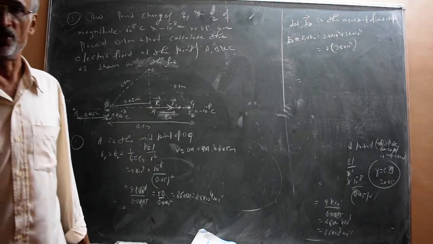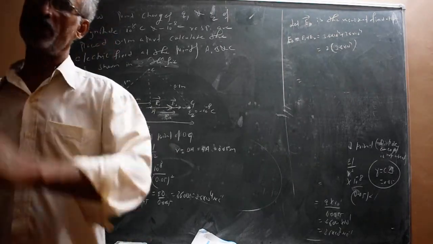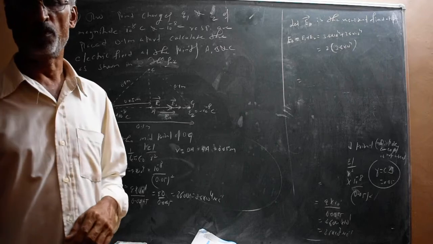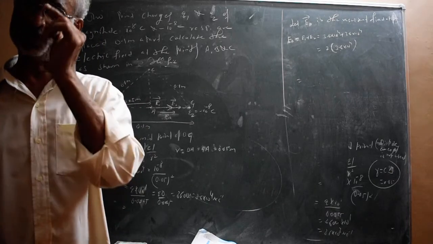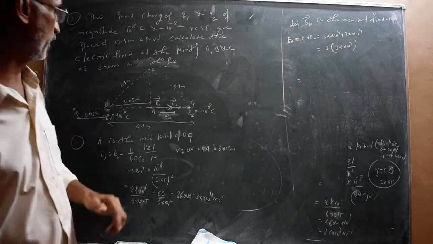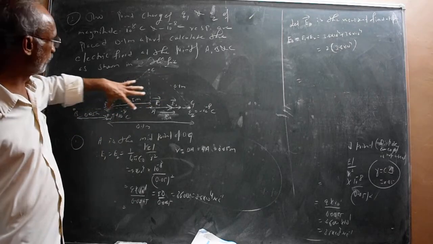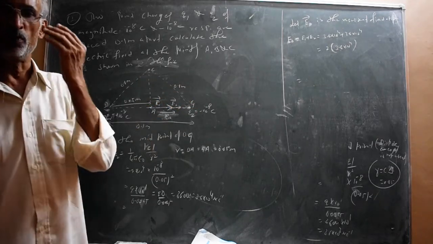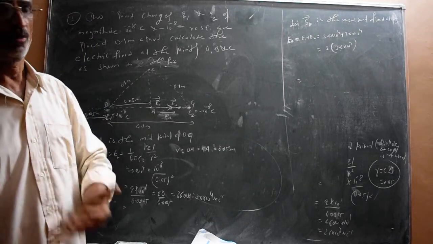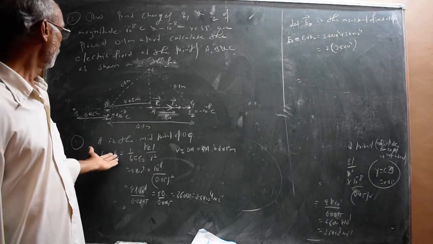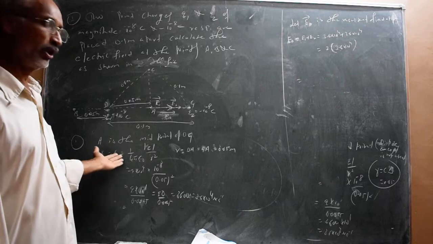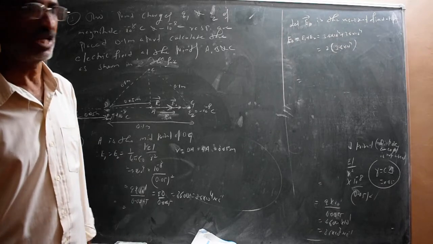This is not the dipole concept. It is the field due to a single point charge: 1 upon 4 pi epsilon times charge upon the square of the distance between the point and the charge. That concept is applied. E1 and E2 are the fields due to the charges Q1 and Q2. Since both magnitudes and distances are the same, E1 and E2 are the same.